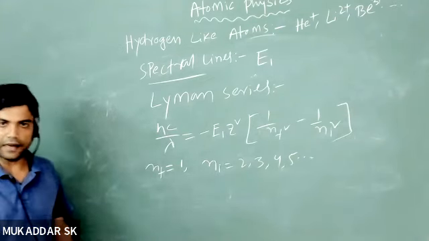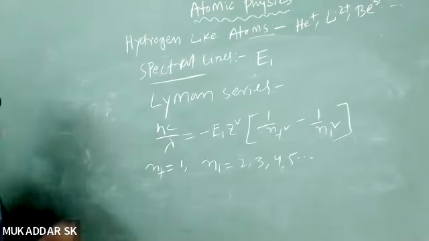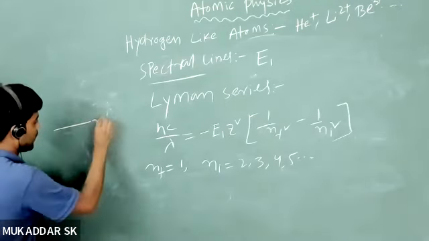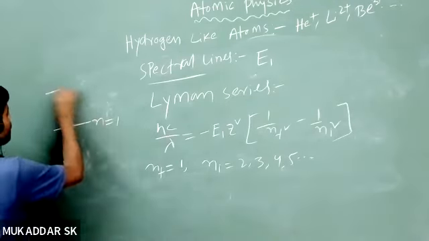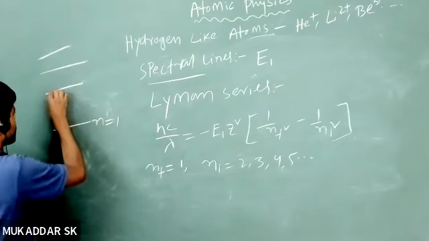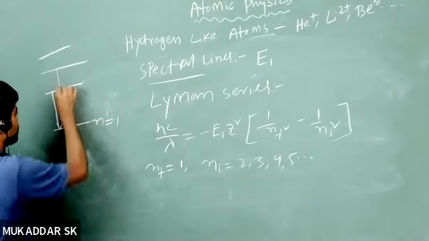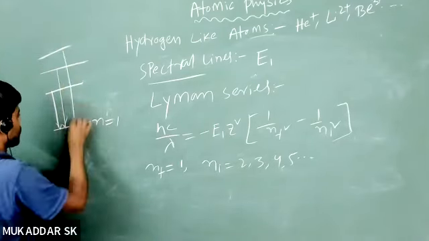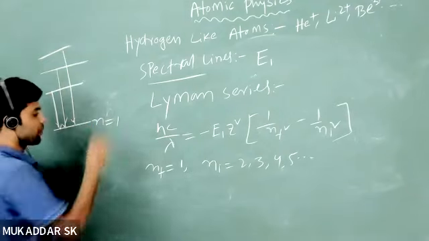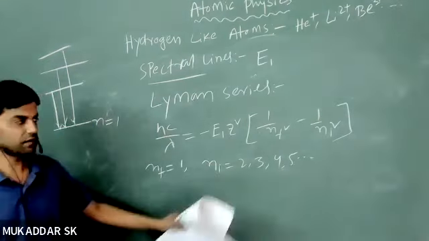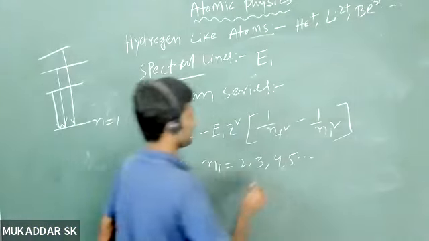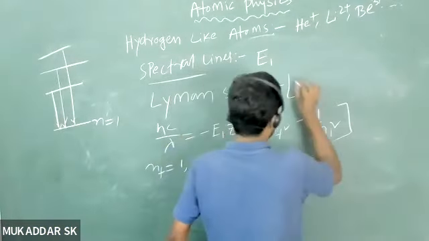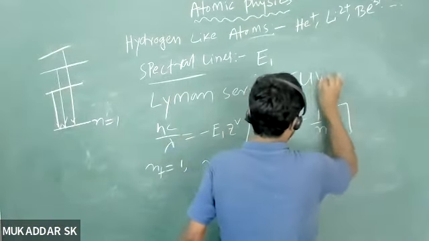So then you will get the Lyman series. Did you get what I'm saying? From the other states, if the electron makes a transition to n equals 1, you'll get a series of lines known as the Lyman series. And this series is found in the UV region.